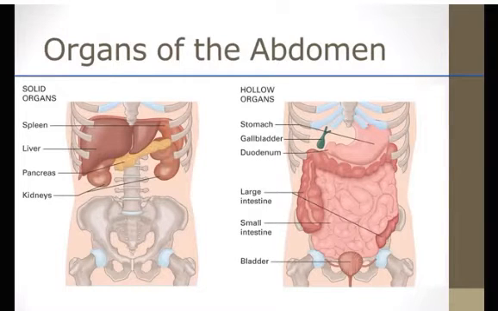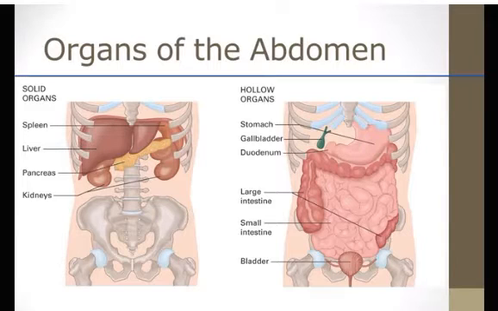So here's the abdomen and the organs that are found there. And you can see over here are our solid organs. And those solid organs consist of the spleen and the liver, which both filter blood, the pancreas, a big function of which is to produce insulin so that our body can utilize the sugar that we consume.